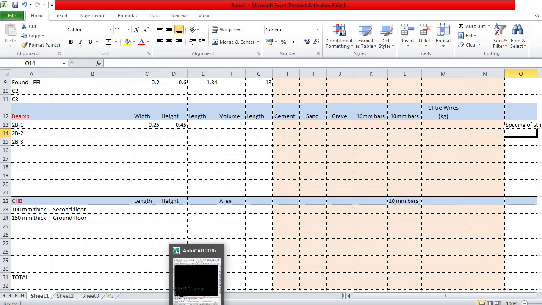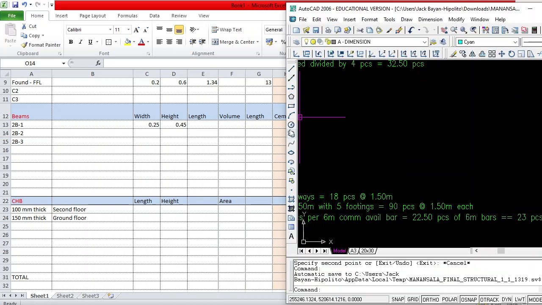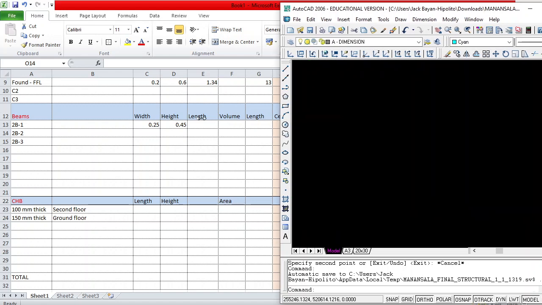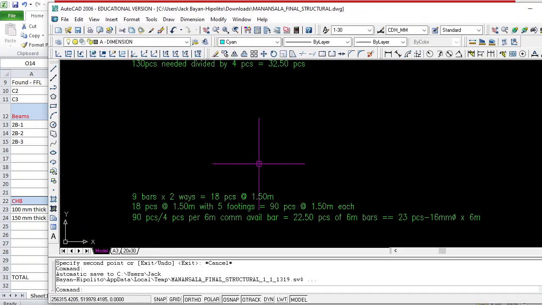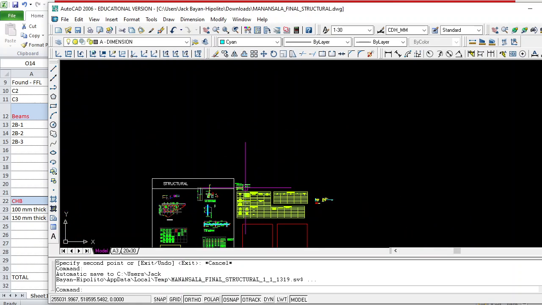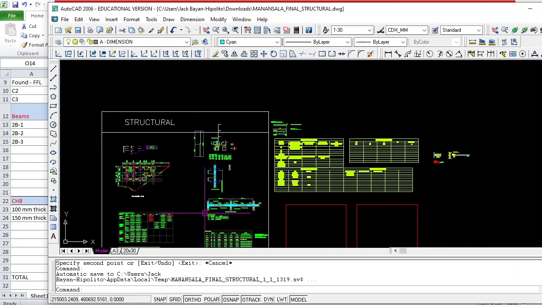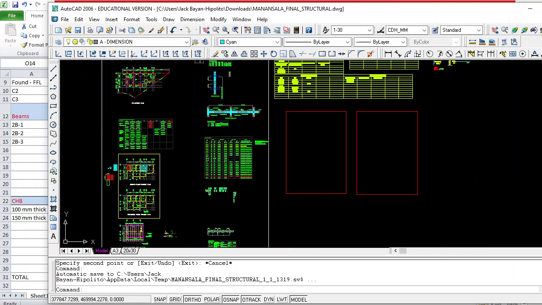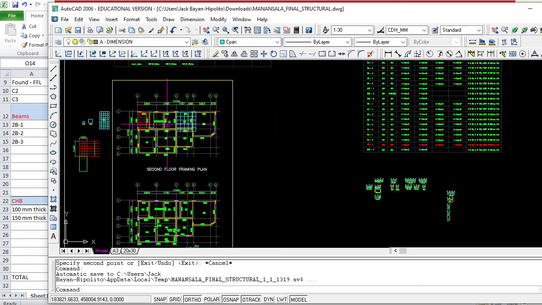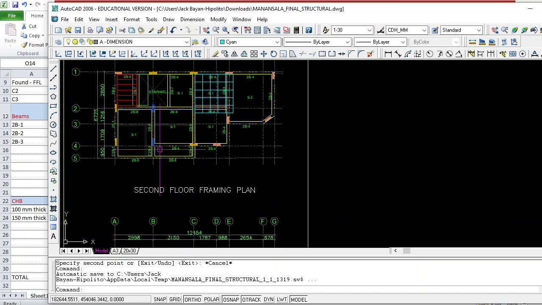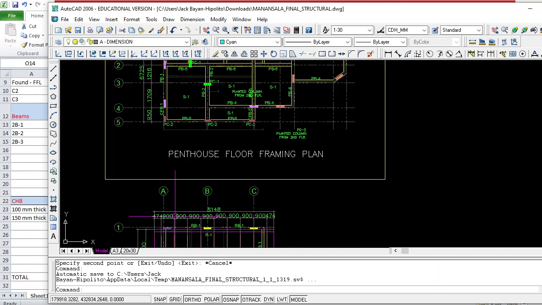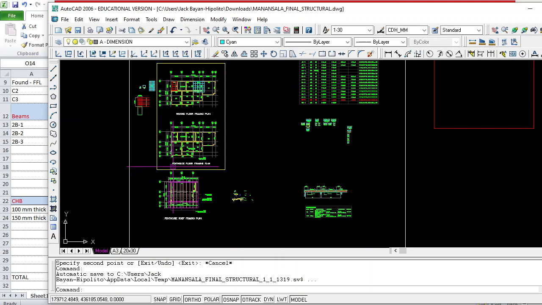Okay? So, paano ngayon natin gagawin dito? Okay, balik tayo sa plan natin, ha? So, you can see here, we will be using the second floor framing and penthouse floor framing plan. Okay?